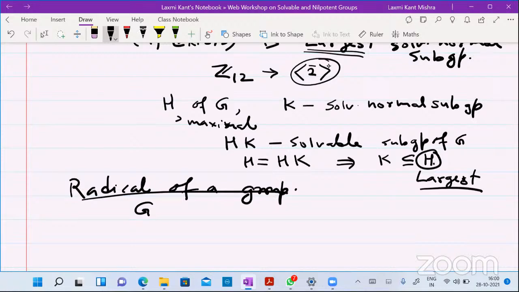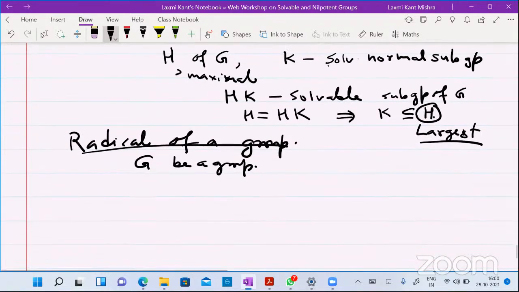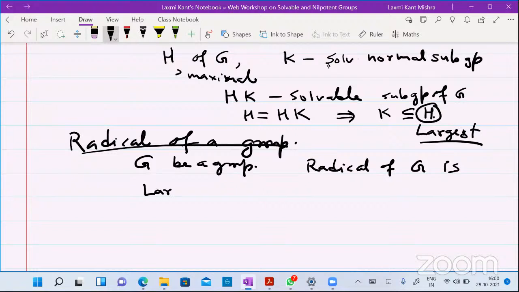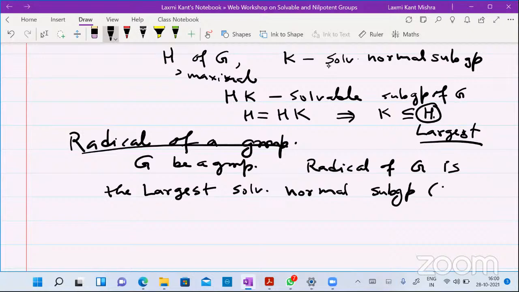So let G be a group. The radical of this group is the largest solvable normal subgroup, and it may or may not exist.